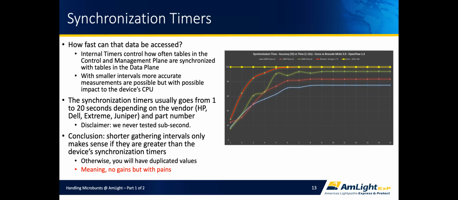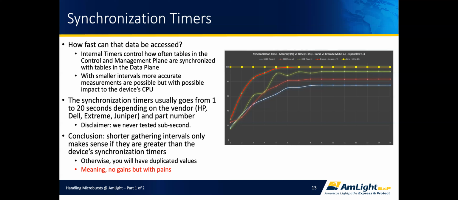So if the synchronization timer is 14 seconds and you make 2 requests every 10 seconds, in those 2 requests you're going to get the same data because there was not enough time for the CPU table to be updated with the specialized ASIC table. So that's the part that is important to keep in mind. You can only go as fast as the synchronization timer of your device.